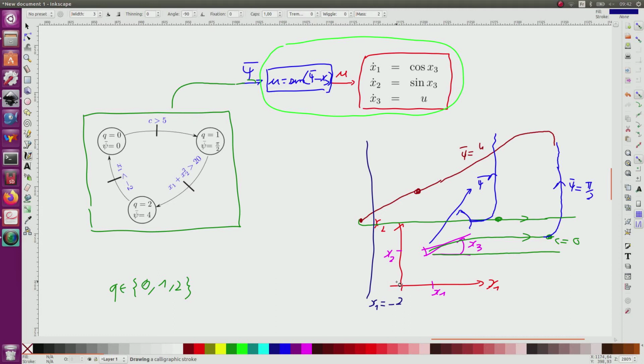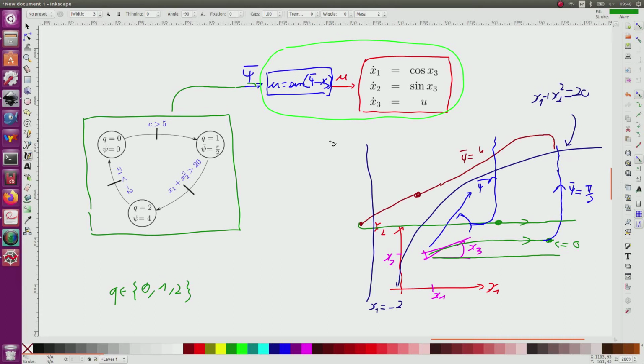Let's say this. This is a parabola. x1 plus x2 square equal 20. Then I have to show that I will converge to a limit cycle.